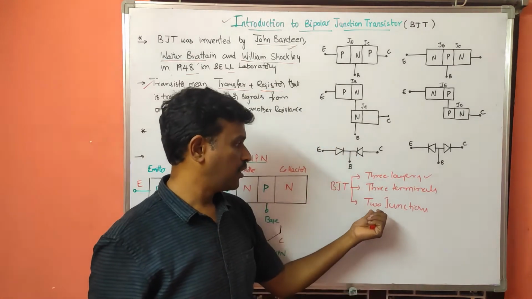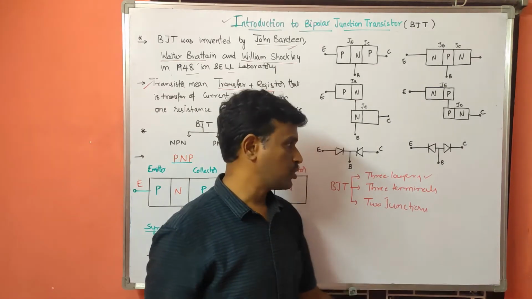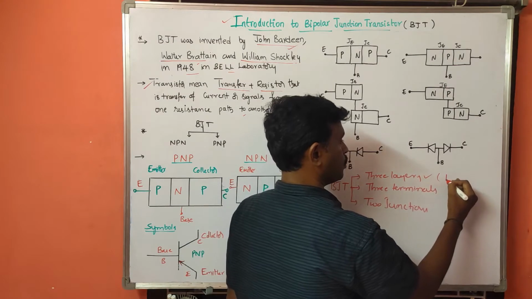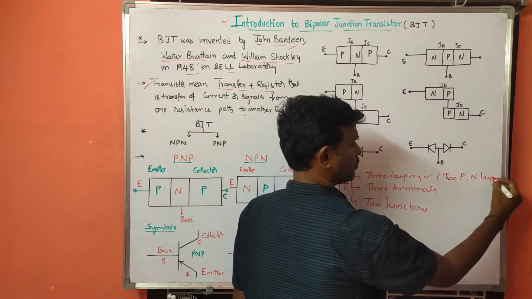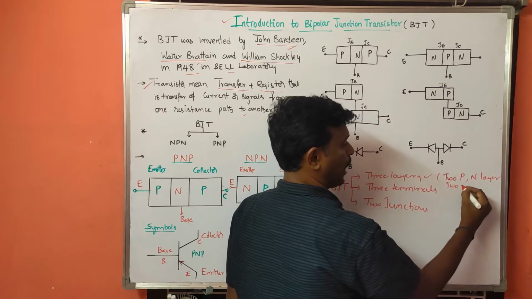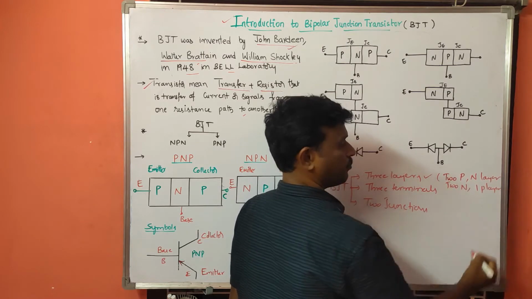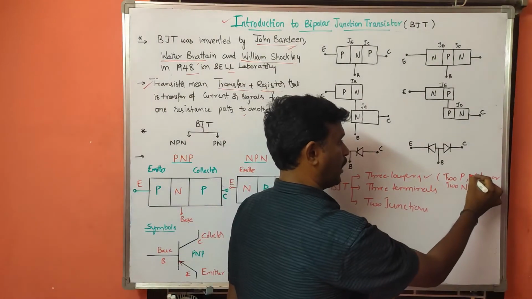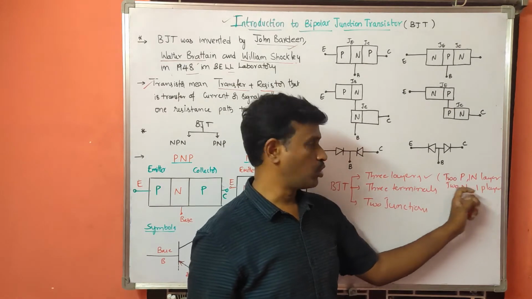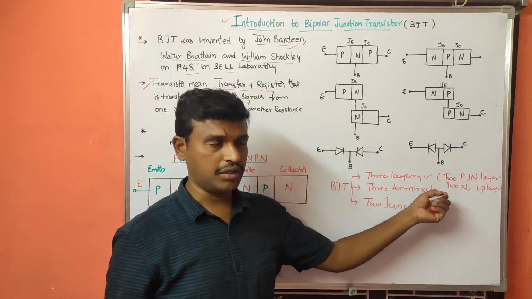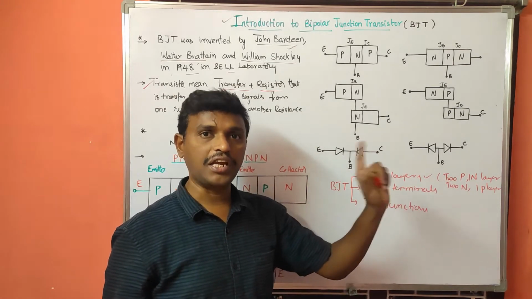We will see that, and it consists of two junctions, that is emitter junction and collector junction. So combinedly we have any configuration, NPN or PNP transistors of BJT, consisting of three layers completely.